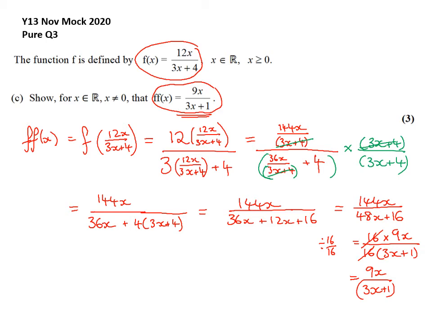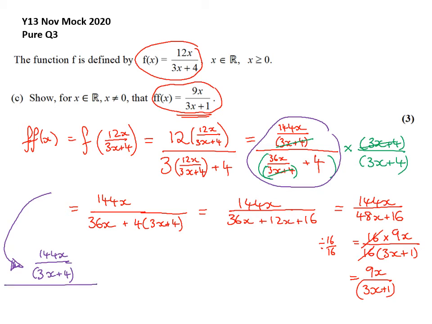Something that a few of you did that I saw, I think you got to maybe this stage here, and you were looking at dividing a fraction by a fraction, so you flipped it. So another way of doing it here, 144x, so there's my 3x plus 4.